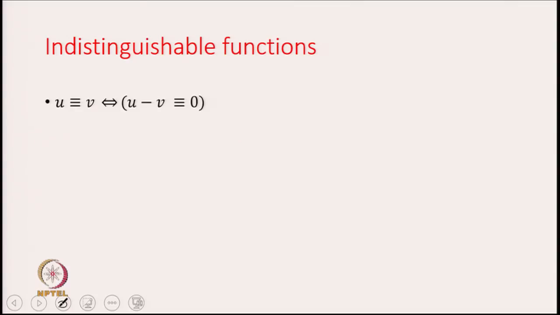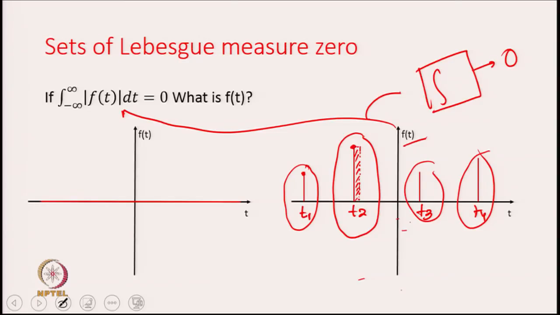Two functions are referred to as indistinguishable functions if you subtract the two functions and you get a function which is like an all 0 function, right. It need not be an all 0 function, it may be like an all 0 function. For example, this function is also like an all 0 function, because once it passes through an integrator you get an all 0 output.